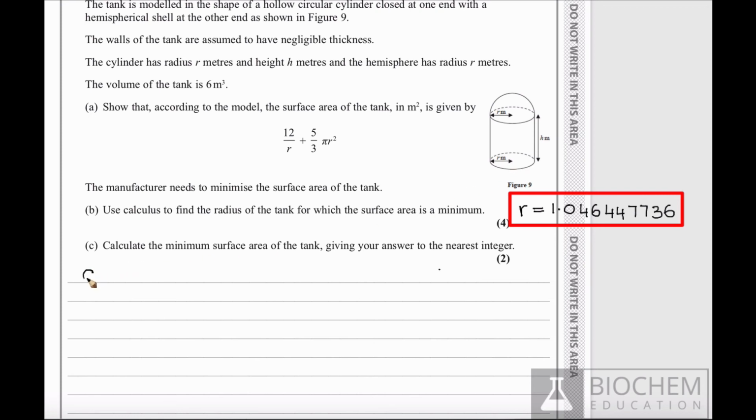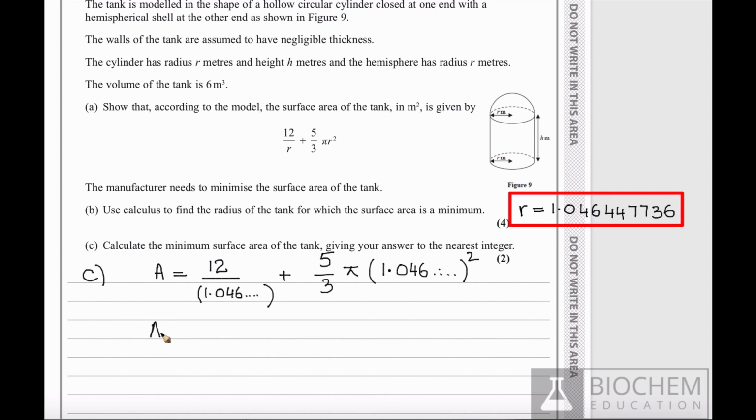So starting with C and using this value of r, I will substitute into that equation and I'll say the surface area of this figure is 12 over r value, which is 1.046..., I'll use that exact value in my calculator, plus 5/3 pi brackets 1.046... square.